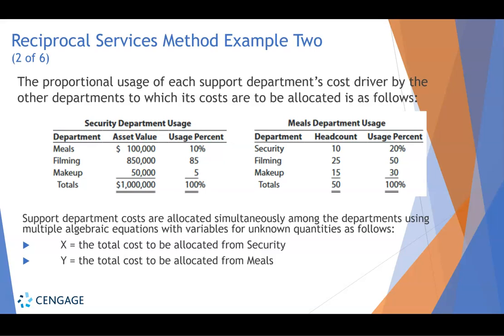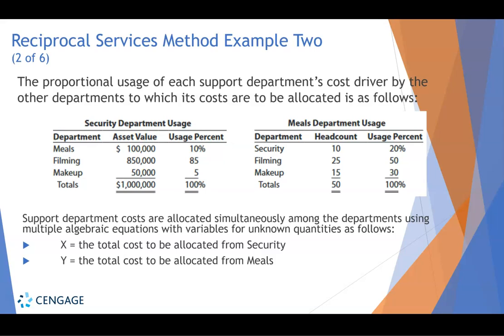And then you also see the asset value, because the security department, I believe, is based on the asset value, is how they like to allocate that. Meal department usage, we've got the headcount. So the security department is basing it on asset value. The meal department is being based on headcount.